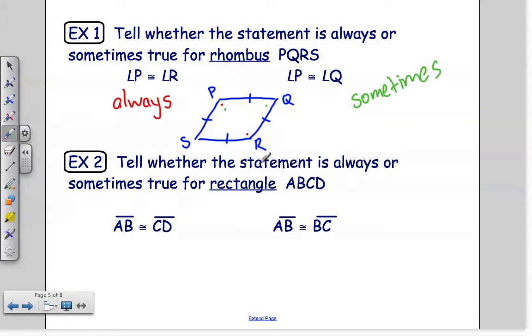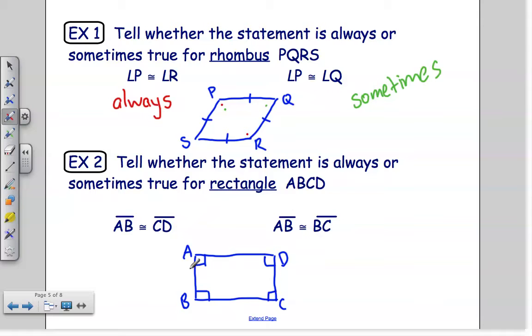In the next one here, tell whether the statement is always or sometimes true for rectangle ABCD. Now if I sketch out a rectangle, it's a parallelogram with all right angles, right? So a rectangle has to have right angles. But again, it's still a parallelogram, so all of those properties are true. And it's rectangle ABCD, so I'll just go around and label those vertices, A, B, C, D. And always or sometimes true.